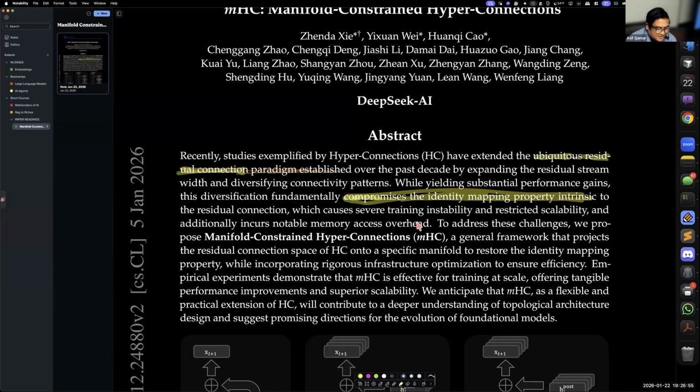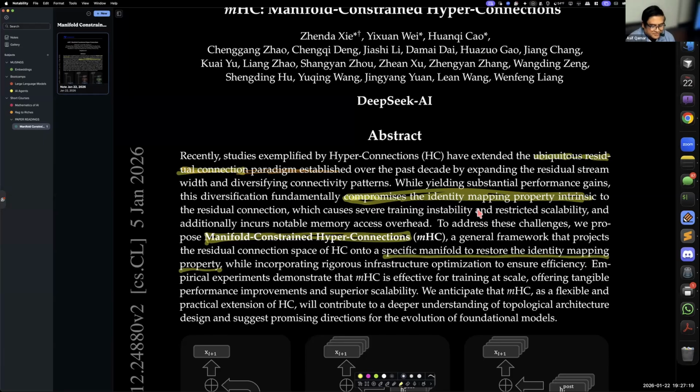Okay, to address these challenges, we propose manifold-constrained hyperconnections. Well, a manifold is something that also needs explanation. And what does it mean to say manifold-constrained hyperconnections? A general framework that projects the residual connection space of HC on a specific manifold to restore the identity mapping property.